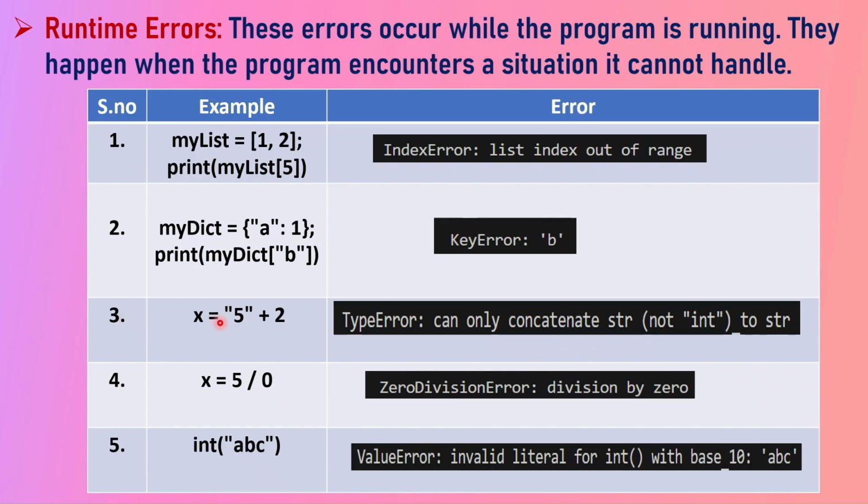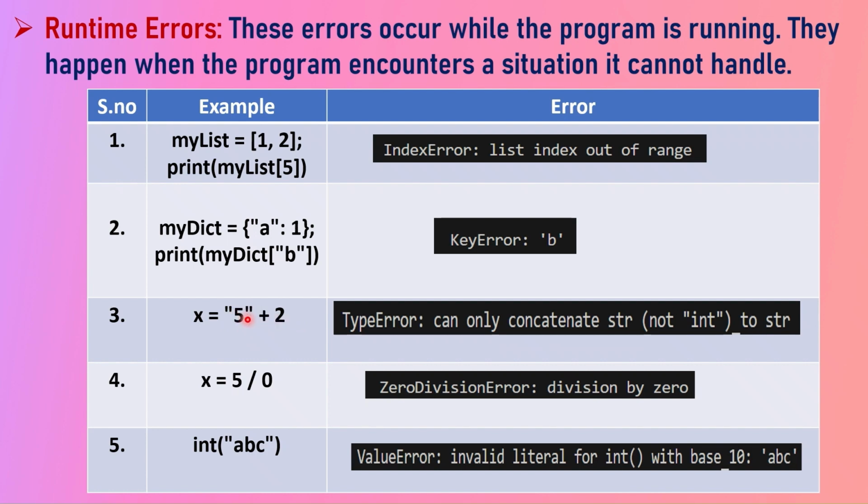Now let's see the third example. Here I declared one variable named x, and I was trying to add a string and a number. In Python, it is not possible to add a string to a number, right? Here I have the value 2, and another value as 5. Even though both are numbers, this 5 is within double quotes.